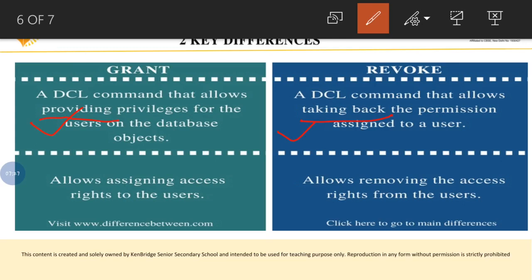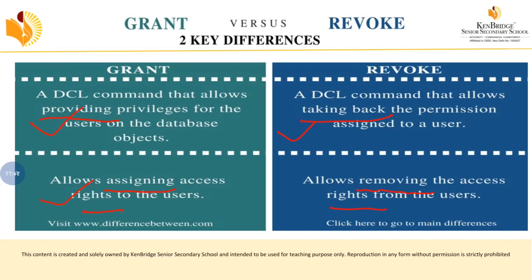Here it is providing and here it is taking back. Okay, and another one, it allows assigning access rights to the user. Okay, it is assigning the rights to the user, and in revoke it is removing the rights from the user. Okay, these are the two differences between the grant and revoke commands.